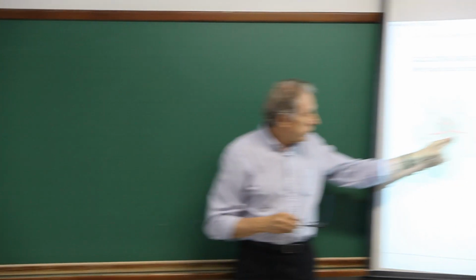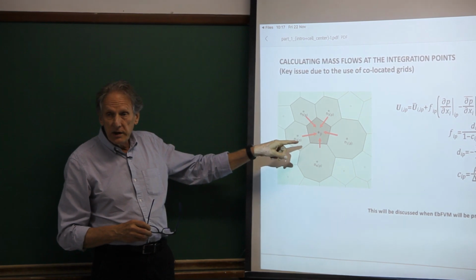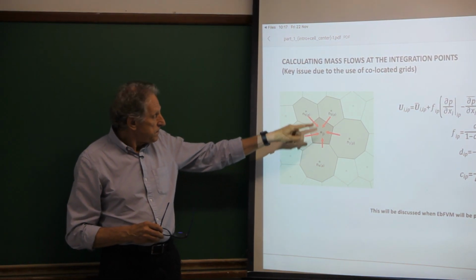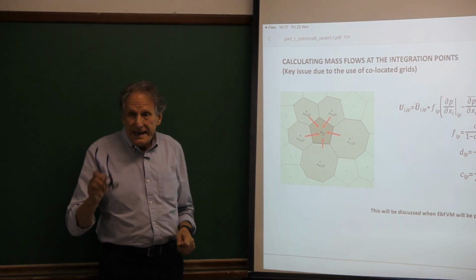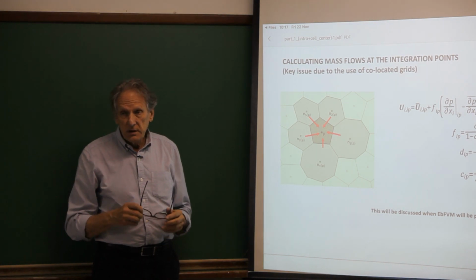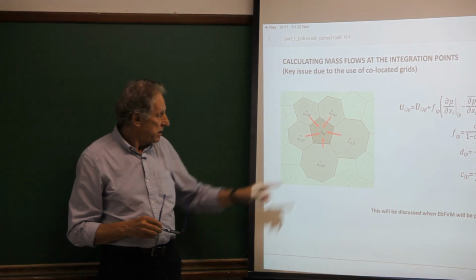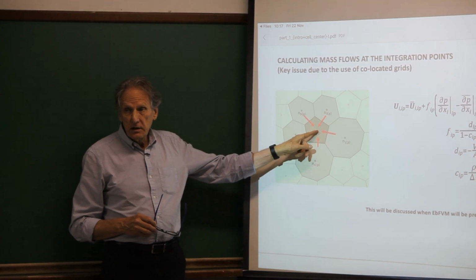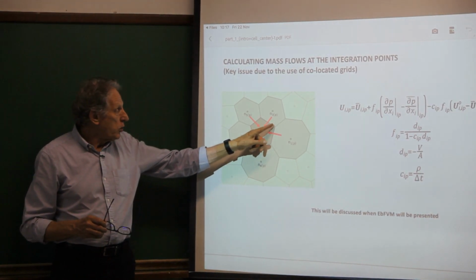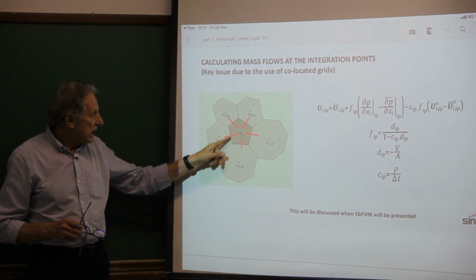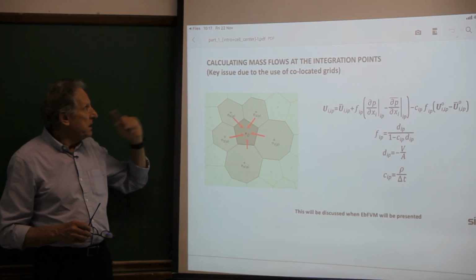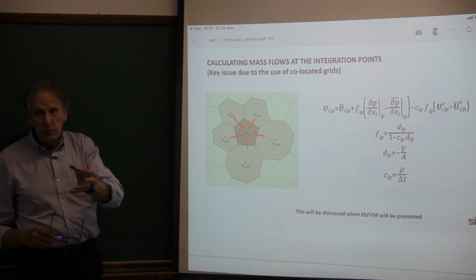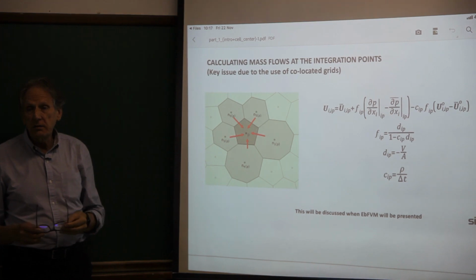So mass flow, which I'm denoting here by the red arrows, needs to be calculated at the boundaries, but you don't have velocity there. Your velocity is right here. So you need to calculate the velocity at the boundaries. So this issue is related to the fact that you have a collocated variable.